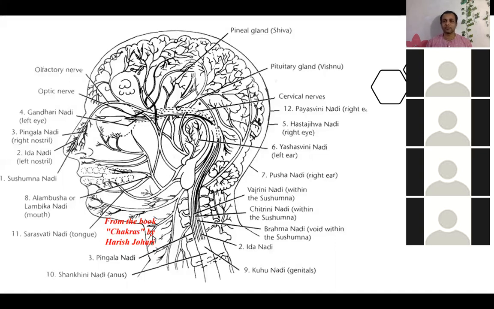So intuitive knowledge is given by the pineal gland. So the pineal gland is very important for meditation, activation of the pineal gland. That's what they do in Shambhavi Mudra. So when the meditation on the Ajna chakra is there, then the pineal gland is activated very powerfully.